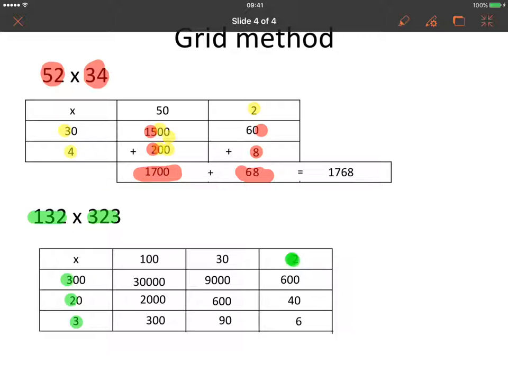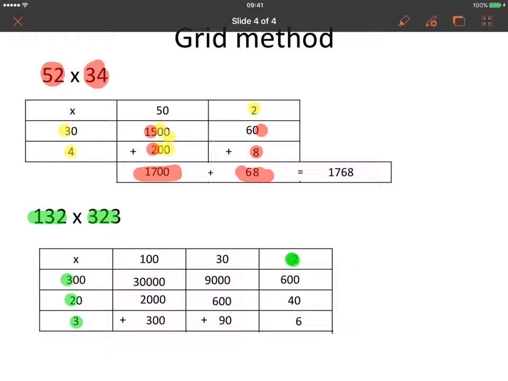Now, like before, I'm going to need to add now, and it was really important that you have all of them lined up, all the units underneath each other, the tens, the hundreds, the thousands, and so on and so forth. That will make your life just so much easier when you are adding.